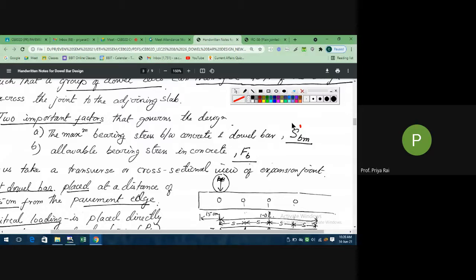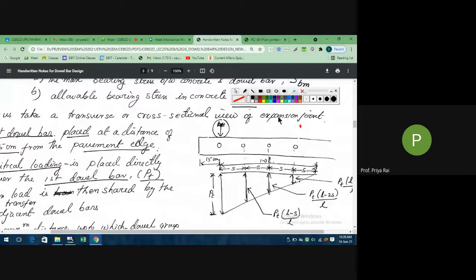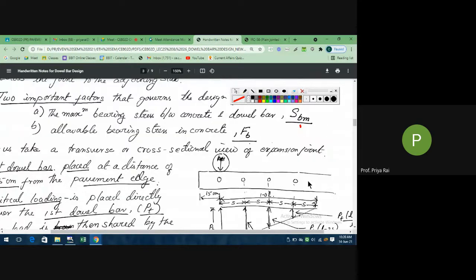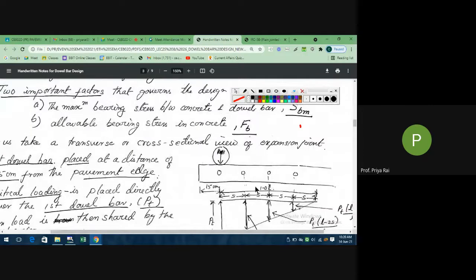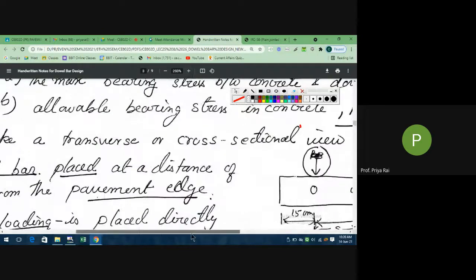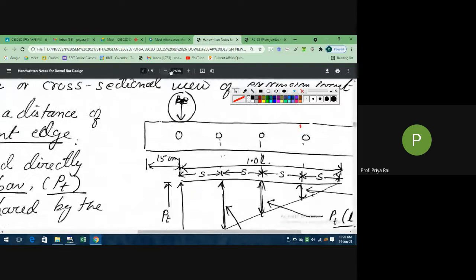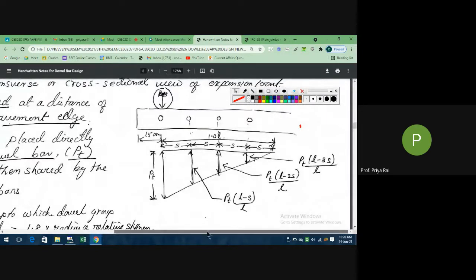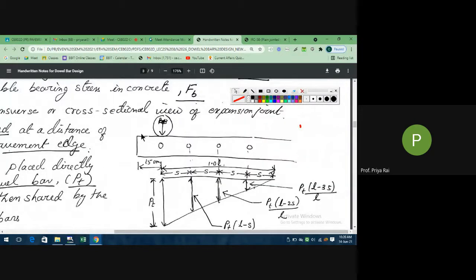Before calculating, I would like to clear some concepts, because we will be using these formulas while calculating SBM. See here, suppose this is your slab.